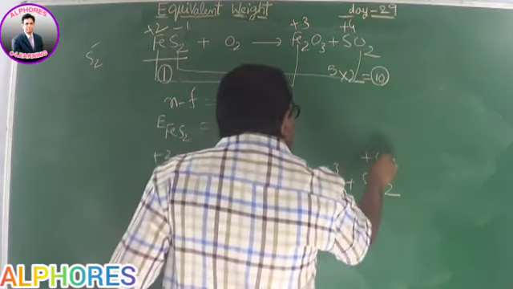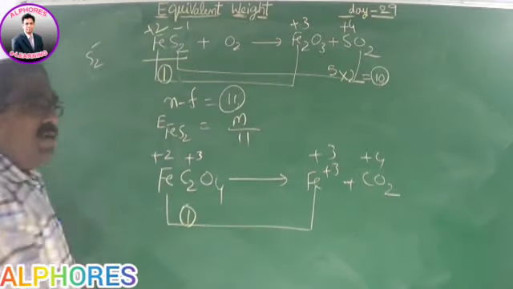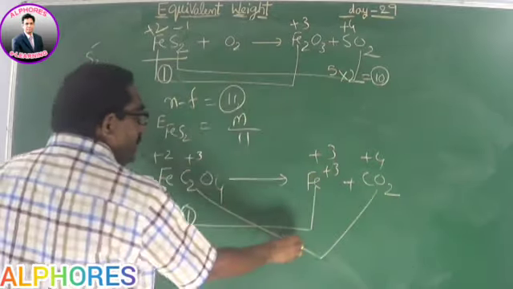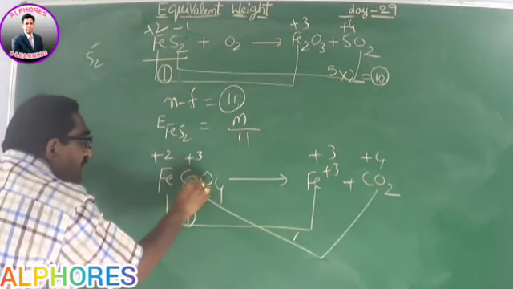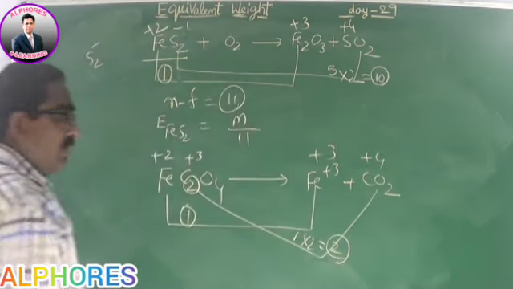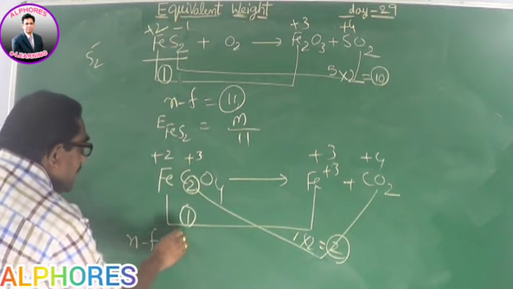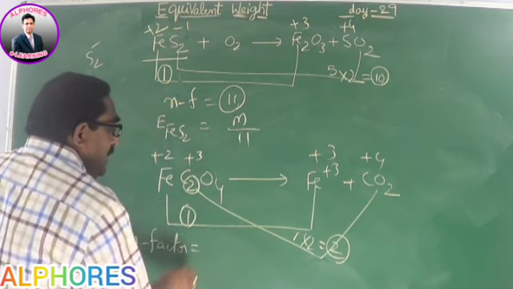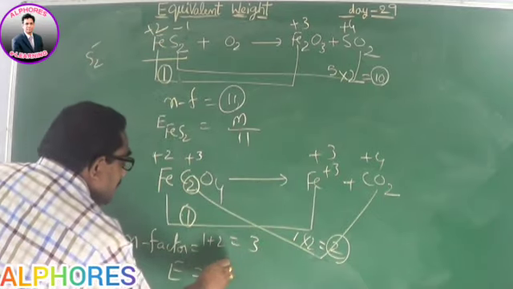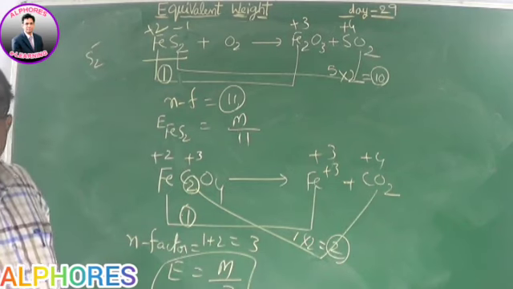Here carbon is +4, iron +3. Iron is increasing from +2 to +3, change 1, only 1. Carbon is increasing from +3 to +4, change 1, but 2 such carbons are there in the species, 1 into 2, 2. The total N factor for ferrous oxalate in this reaction is 1 + 2, that is 3. So the equivalent mass of this is equal to formula mass divided by 3.